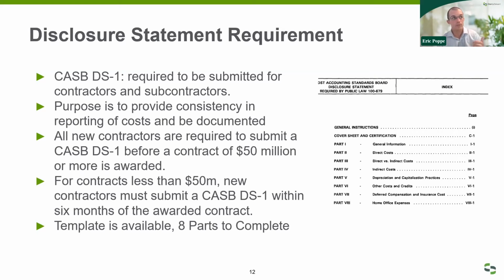Don't submit unless you actually have to and have those CAS covered contracts, but you definitely can update it as you go through. So you always have the live version ready to go and maybe add a pool or change something as that time period goes by. But that's a really good point that you made.